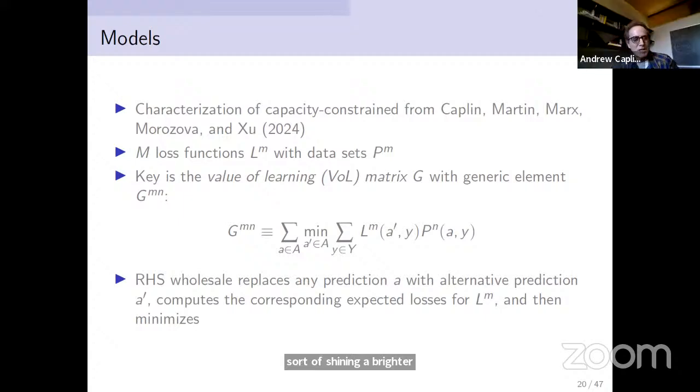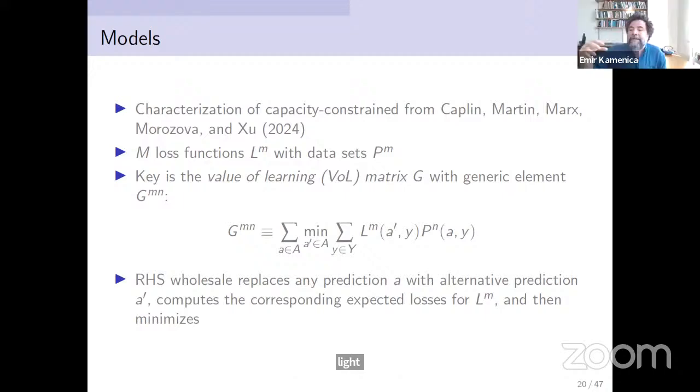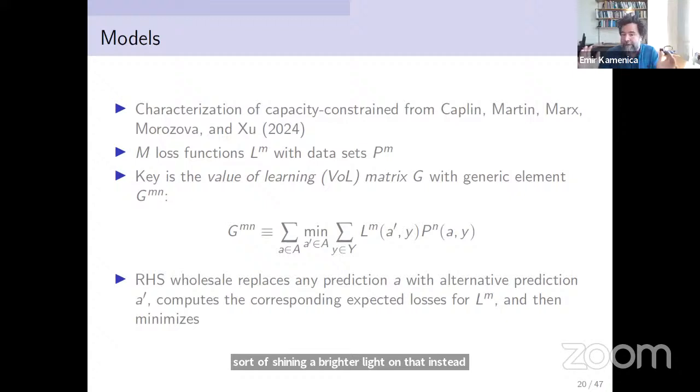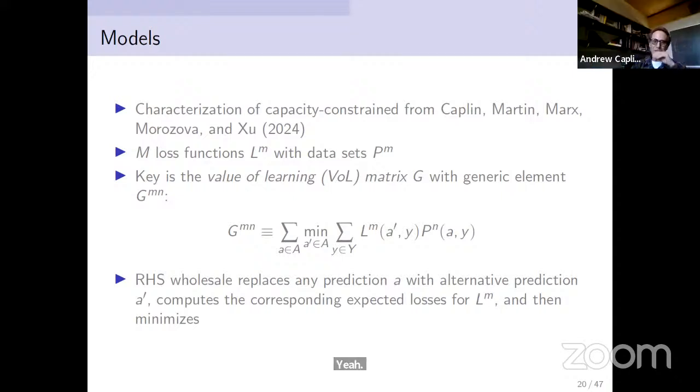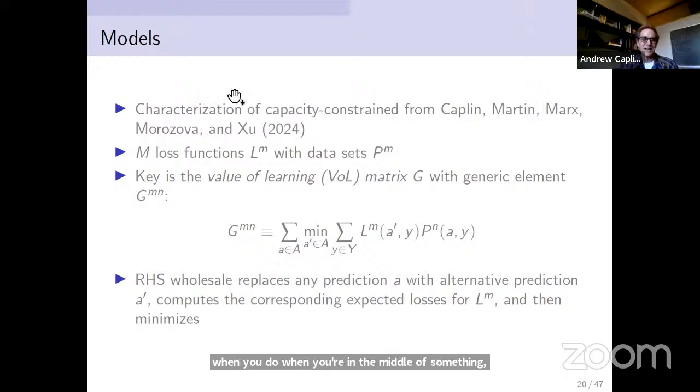Instead of thinking about varying menus or varying the training data set, you vary the loss function. I think that is nice. Thank you so much. When you're in the middle of something, it's the curse of familiarity. I have no idea. We arrived here and here we were.